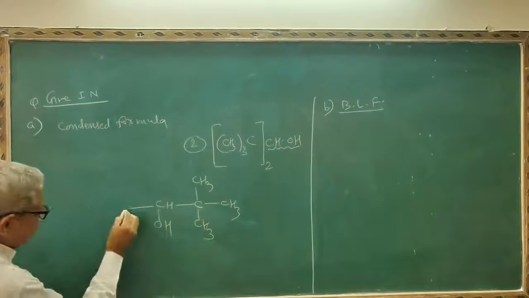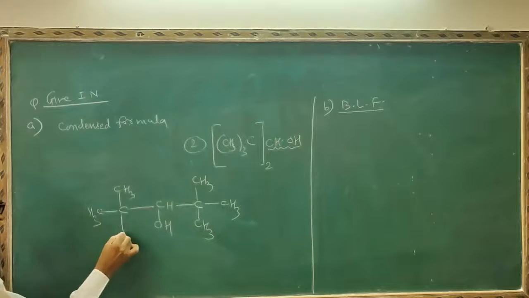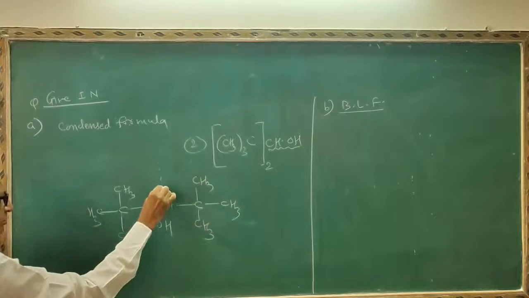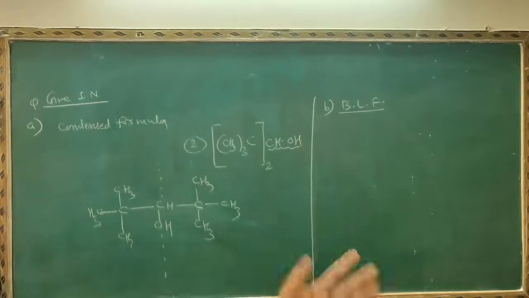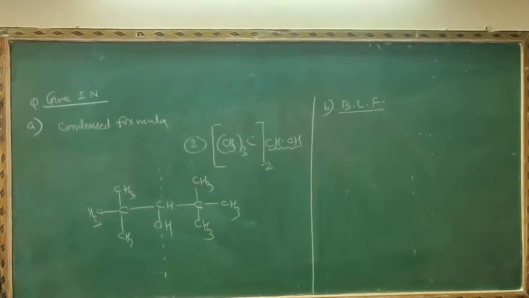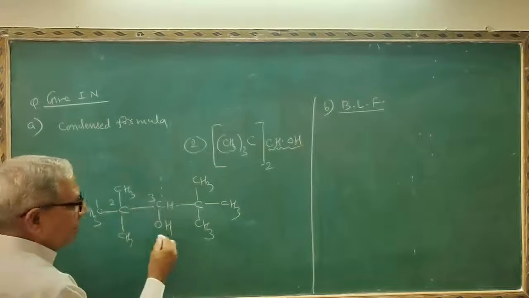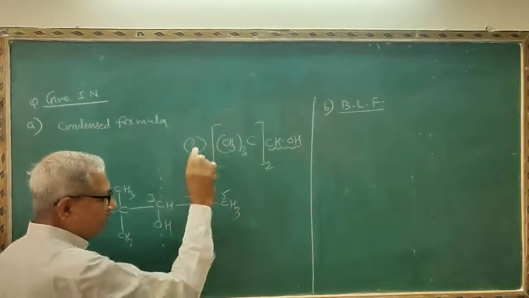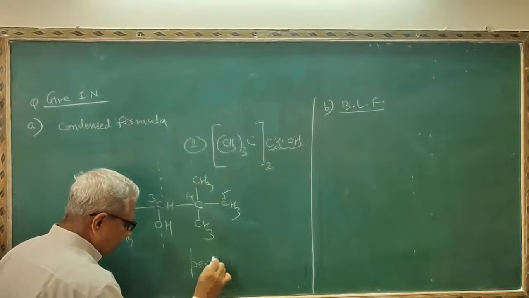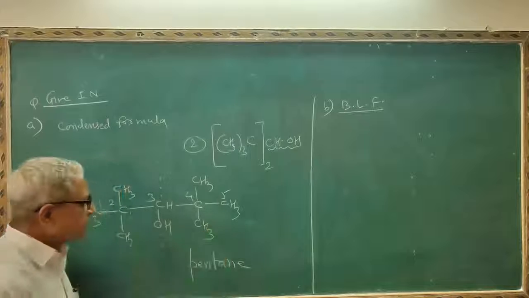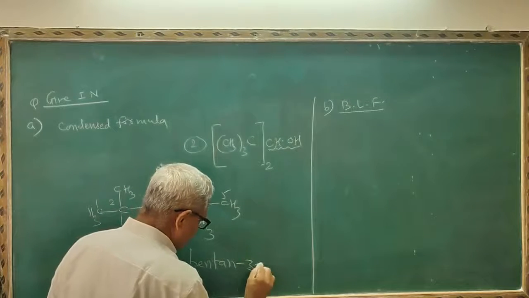Similarly, on the second side, CH3, CH3, CH3. See, this molecule is divided into two equal parts. You can do the numbering from both sides. It is a symmetrical molecule. Therefore, numbering is like this: 1, 2, 3, 4 and 5. So the parent alkane is pentane. The suffix E is replaced by 3OL.